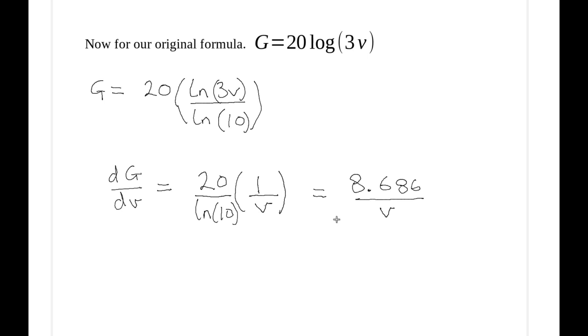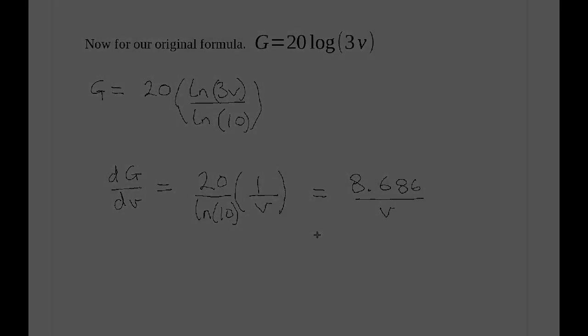So if you get asked that question, how do you do something with a log that's not to base e, you now know it's fairly straightforward. This one was a little bit more of a tricky example with the 20 in front. The 3 in front of the v made it a little bit trickier, but as you can see, it turned out to be quite simple in the end. Remember, difficult problems can be broken down into smaller problems that are easier to solve. Okay, thank you for listening.